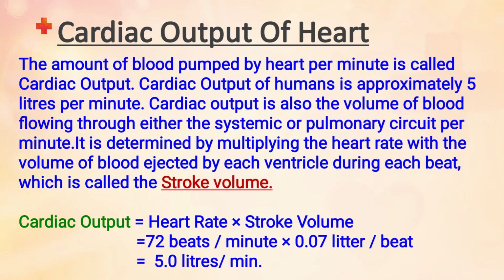It is determined by multiplying the heart rate with the volume of blood ejected by each ventricle during each beat, which is called the stroke volume. As you can see here, cardiac output equals heart rate times stroke volume. The heart rate is about 72 beats per minute times 0.07 liter per beat, which equals 5 liters per minute.